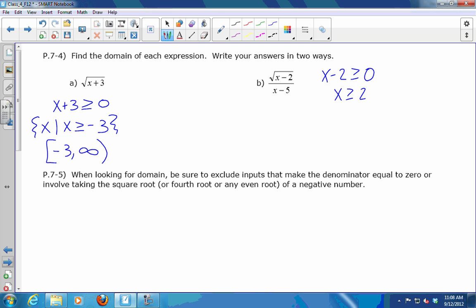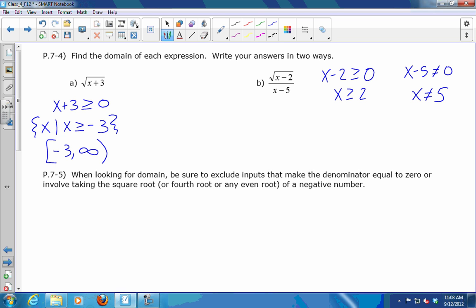But then I have another restriction in the denominator, where my denominator can't be 0, which means x can't be 5. So I have all the x's bigger than or equal to 2 except for 5, right?